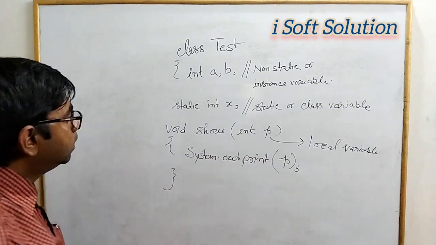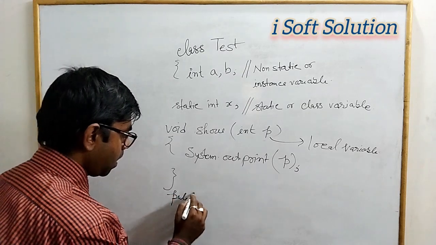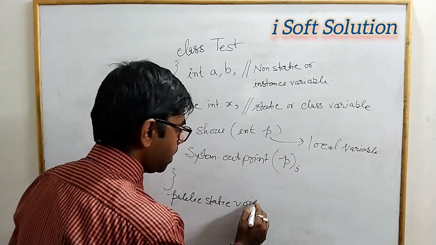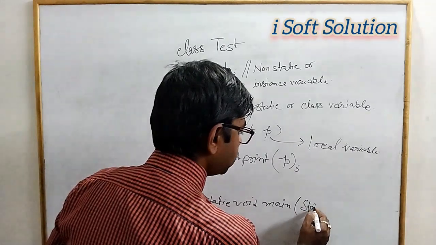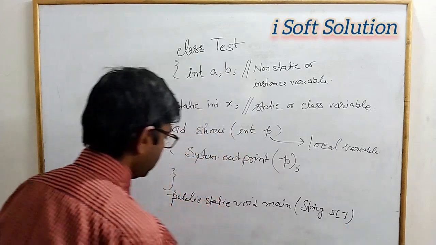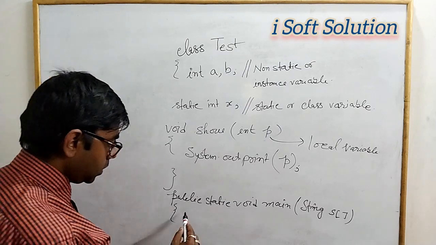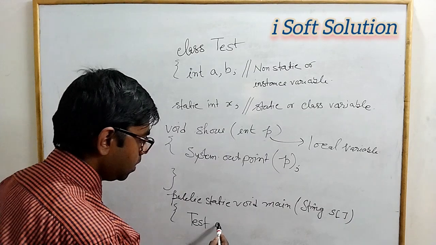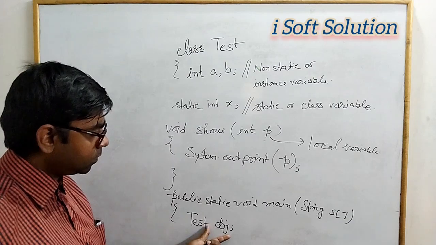And finally, the public static void main. Suppose I write public static void main and then string s. Within the main, just try to write test, the name of the class, and a variable obj, and then put a semicolon at the end of this statement.